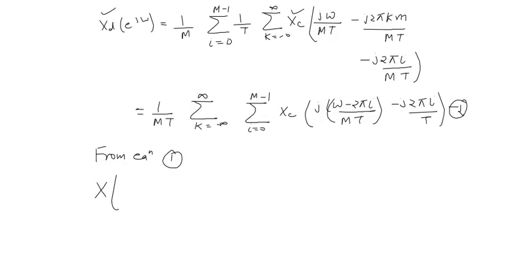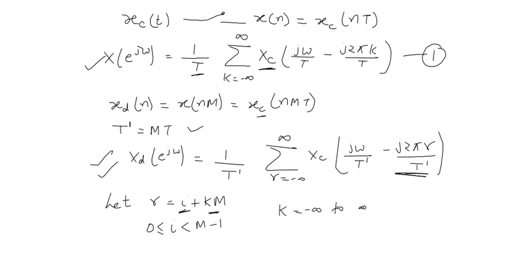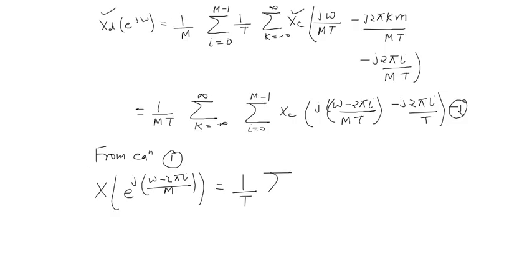So just let me write that. So e to the power j omega minus 2 pi I upon m. So what will be that? 1 upon T, that is 1 upon T Xc of, so instead of omega, what will happen?